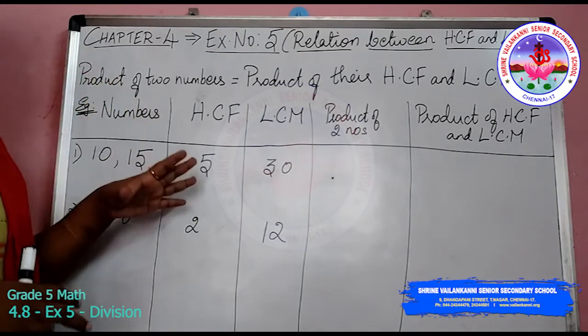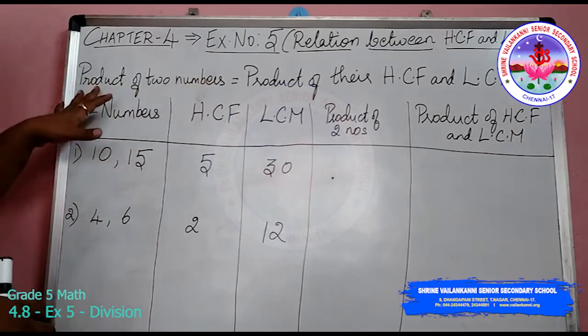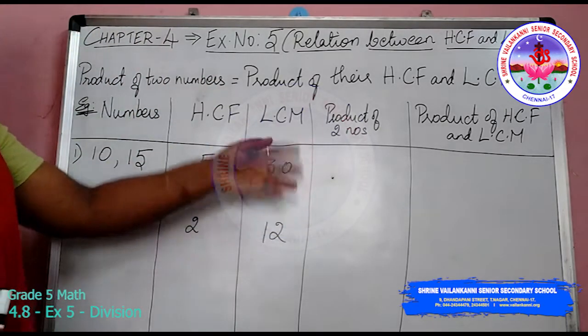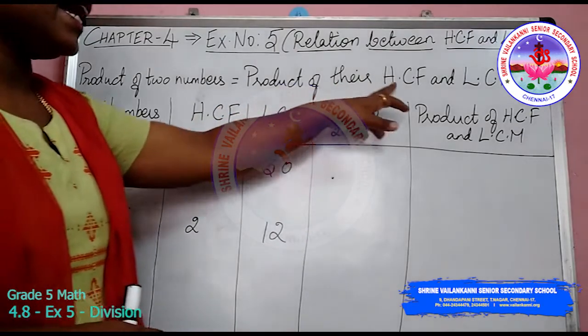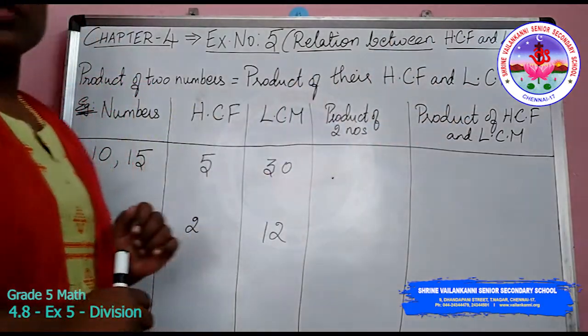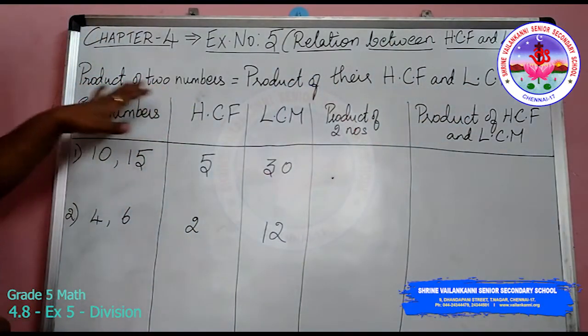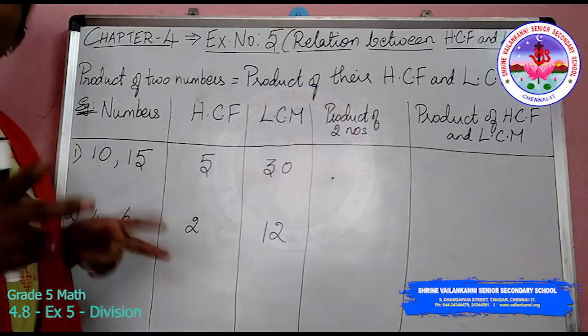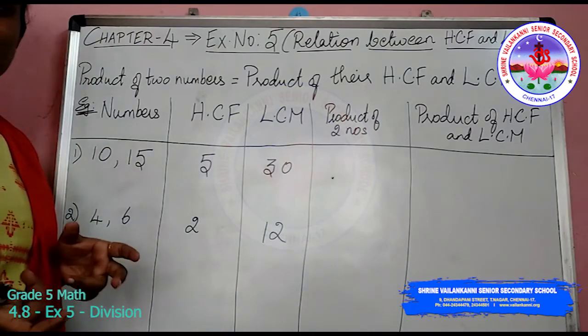For this, they have given that the product of two numbers is equal to the product of their HCF and LCM. What is this product of two numbers? When two numbers are multiplied, you will get a product, no?